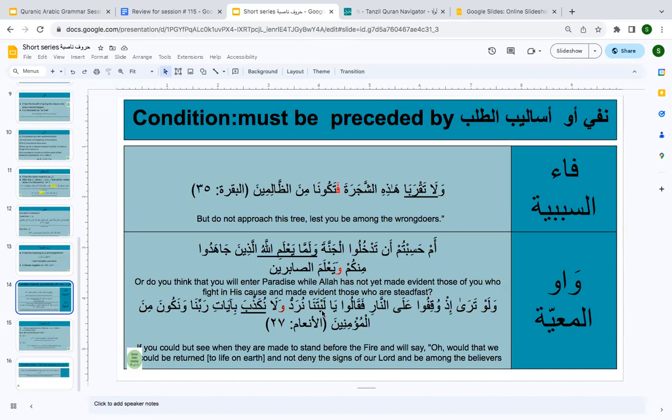So there is the asalibut talab, which is tamanni. You are wishing something, right? So there is a laytana, we wish. Oh, we wish we return, wa la nukadhdhiba, and we do not lie. And how we return? When we return, we also don't lie about the verses of Allah, or the signs of Allah.